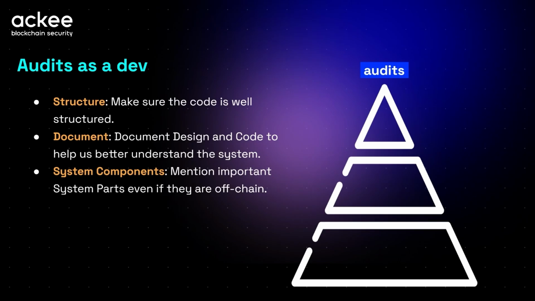The system components do not necessarily need to be smart contracts, but for us auditors, all of the components, even off-chain, are really important because we need to understand the architecture of the protocol or the application as a whole, not just the smart contract. So mention everything you think is important.